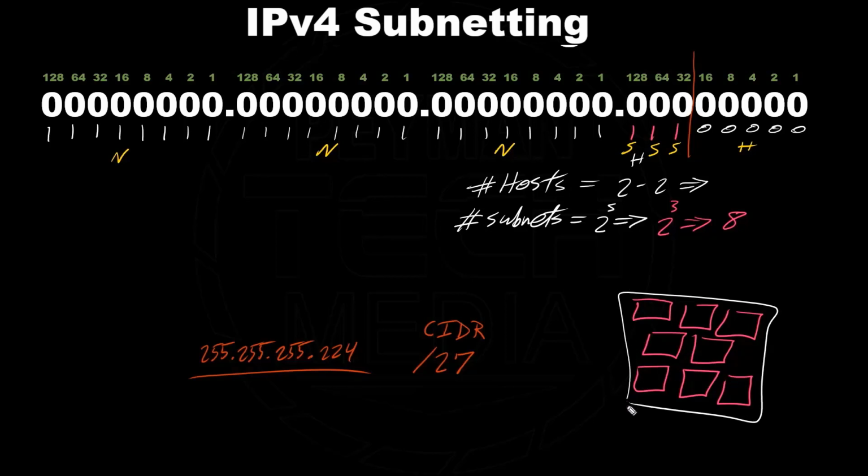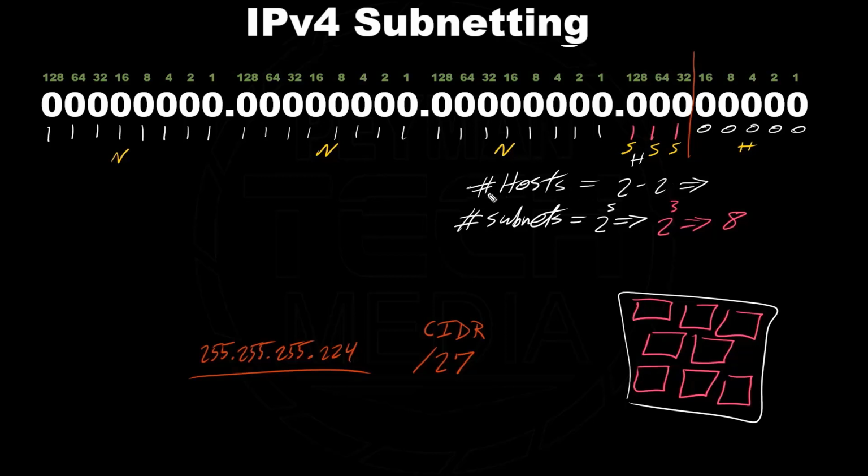So originally, with the default subnet mask class C, we had one network with 254 available IP addresses, right? After subnetting, in this example, we just borrowed 3 more bits from the host bits. So that's a total of 27 bits for the network, and only 5 bits for the host. We talked about the number of hosts: 2 to the power of host bits minus 2, because the network address and the broadcast address cannot be assigned to computers on the network, so we have to subtract 2, 1 for the network address and 1 for the broadcast address.